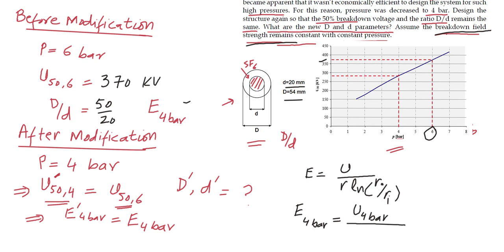So here we are going to take the radius as 20 by 2, because the diameter of the conductor is 20, multiplied by ln of Ro, the outer radius, which is capital D by 2, over the inner radius, which is small d by 2.